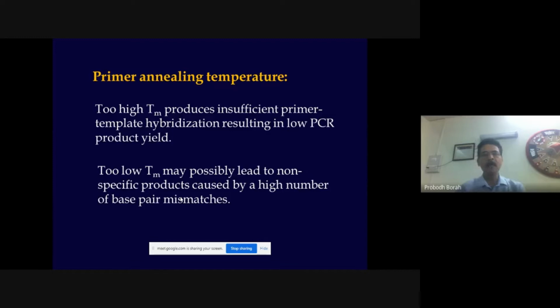As I already said, if the TM value is very low, the annealing temperature will be very low. In that case, there will be a tendency of non-specific priming. And if the TM value is very high, then there will be no tendency of annealing, and therefore hybridization or annealing will not take place, and there will be no duplex formation, and therefore product yield will be less, amplification will be less.